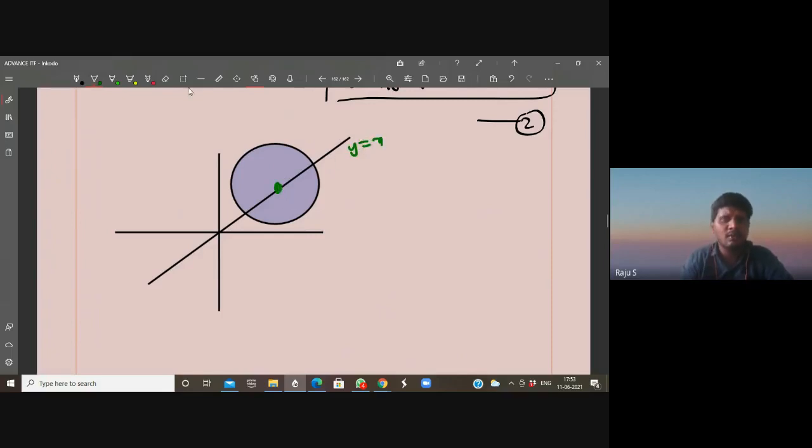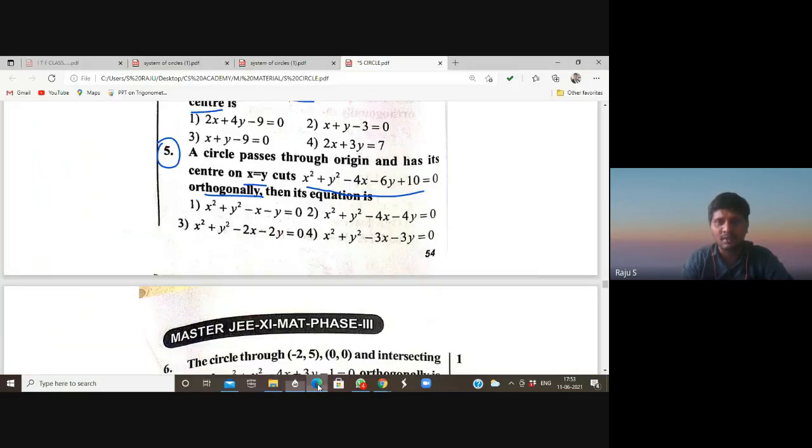Then when x is equal to y, what is the center? If I consider the circle x square plus y square plus 2gx plus 2gy only, because the center has x equal to y, the center must be minus g, minus g, plus c is equal to 0. This is the required form, and also this circle is orthogonal to the given circle.